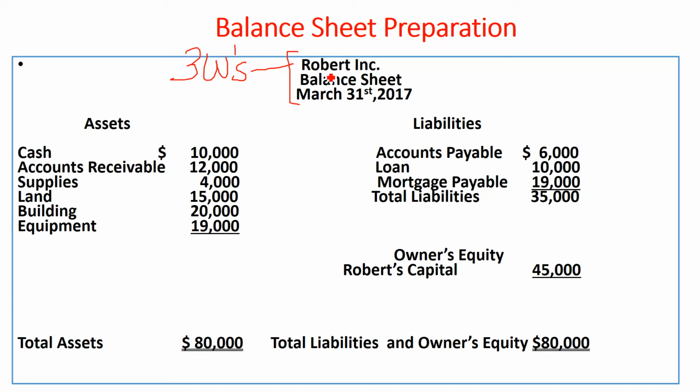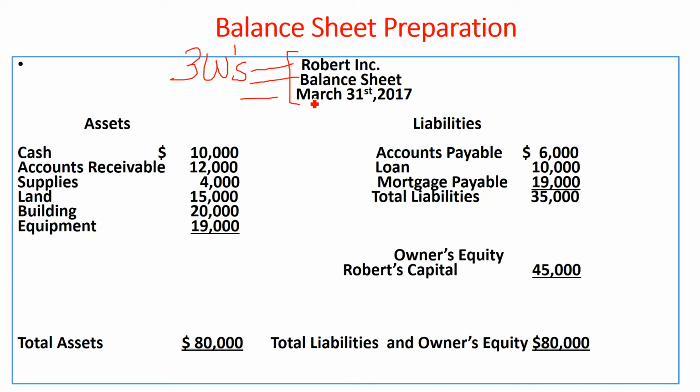In this case our company is Robert Inc. The second W is what you are making: balance sheet, income statement, trial balance. You mention it in the second line, in the center of the statement. And third is when: here it is March 31st, 2017.